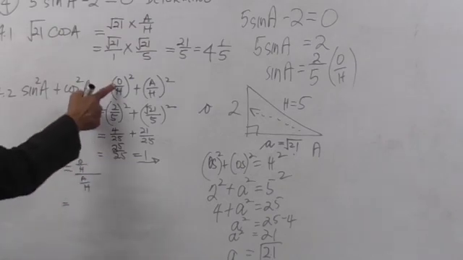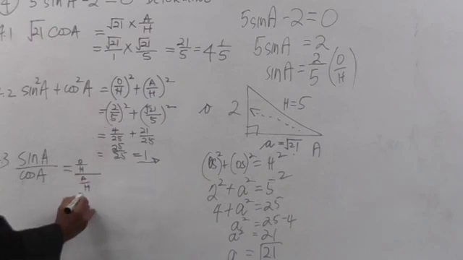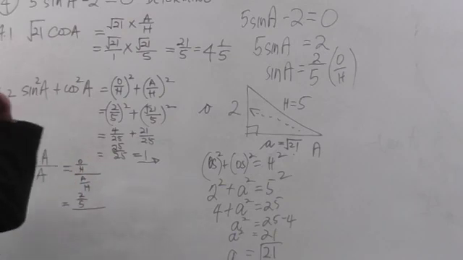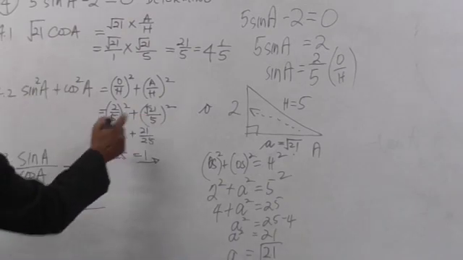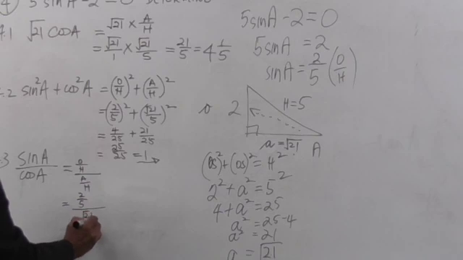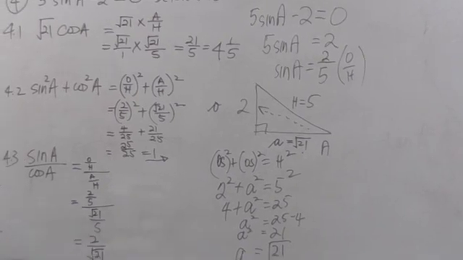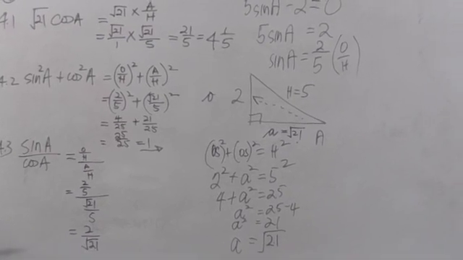Now O over H, we already found it here. 2 over 5 divided by cos. Cos is root 21 over 5. Just put the whole thing in your calculator and you will end up with the answer 2 over root 21.